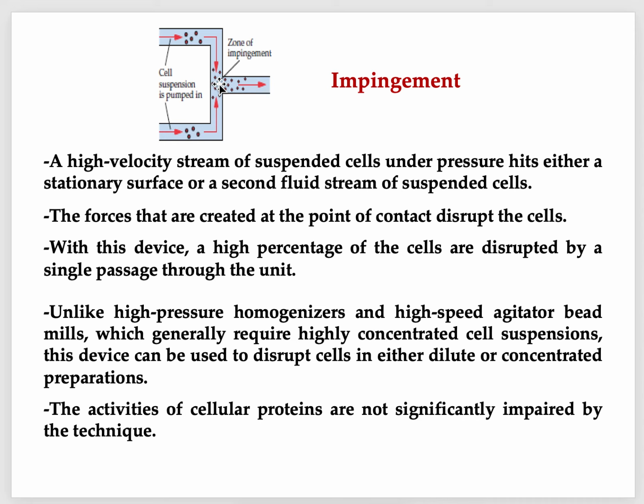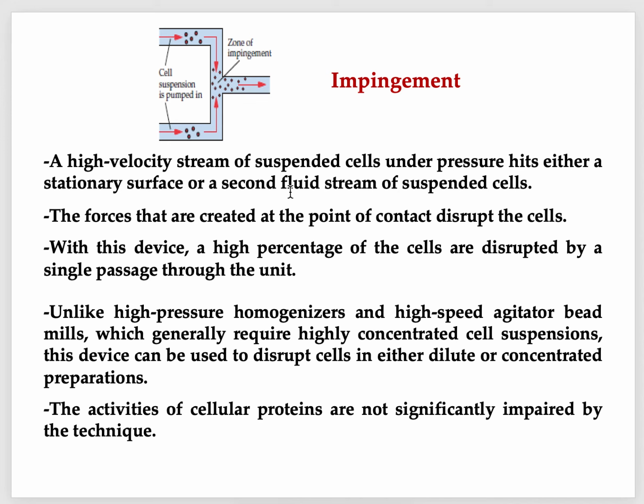So what else can we do? We can do this in another way. In this figure, the cells were pumped in opposite directions. But instead of this, we can just pump the cell suspension towards a stationary surface. When the cells hit the surface, they will lyse.